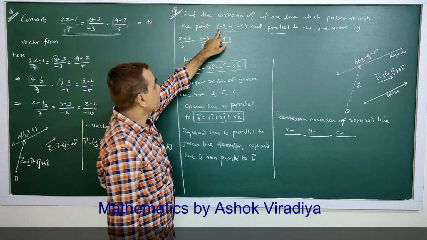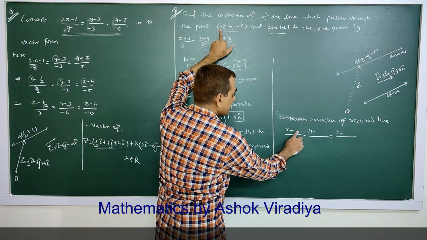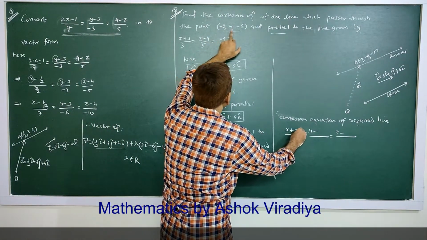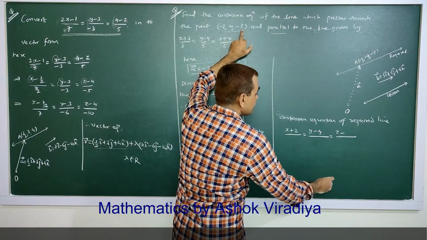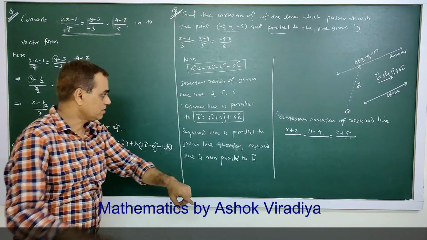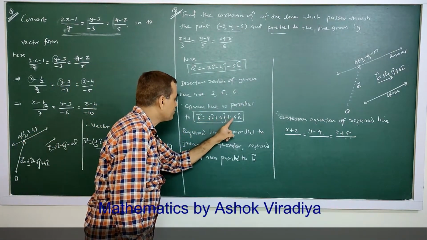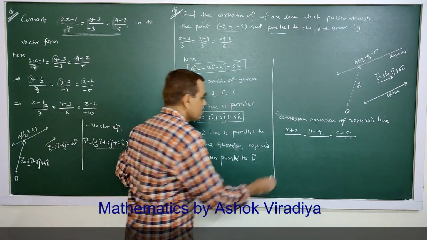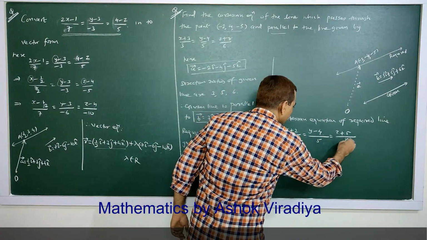What is x1? Minus 2, so minus minus is plus 2. y1 is 4, z1 is minus 5, so minus minus is plus 5. Upon these numbers 3, 5, 6.